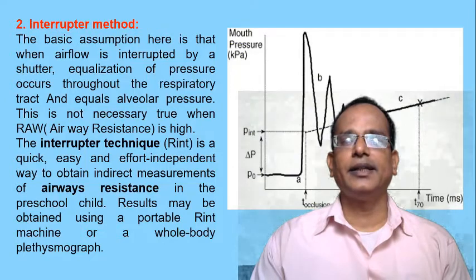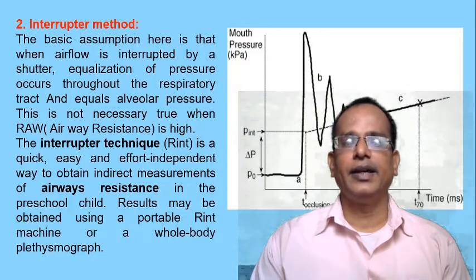So here the interrupter technique, abbreviated as R int, is a quick and easy method, and an effort-independent way to obtain an indirect measurement of airway resistance in a preschool child.